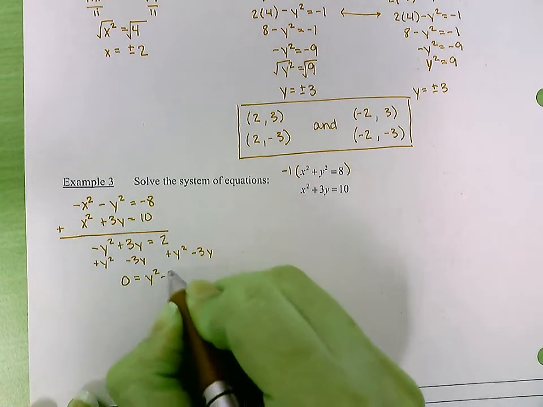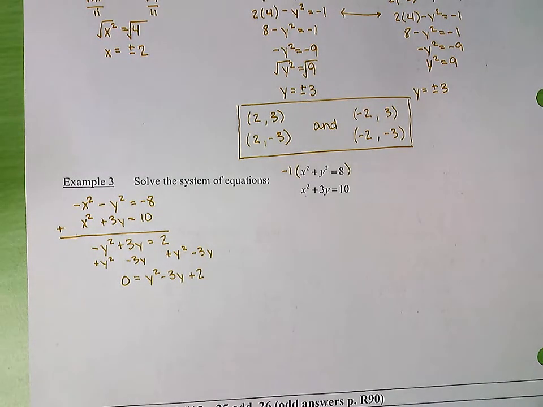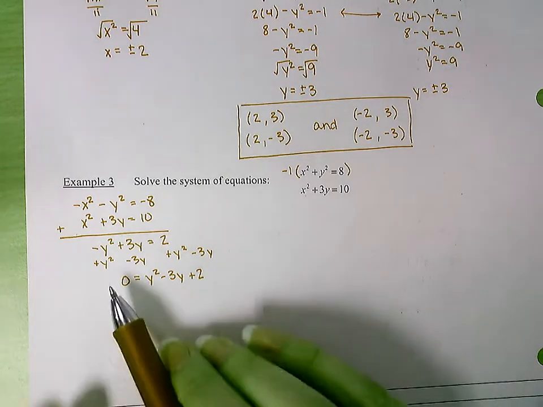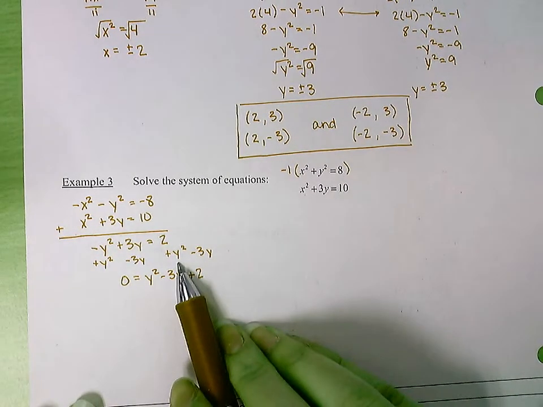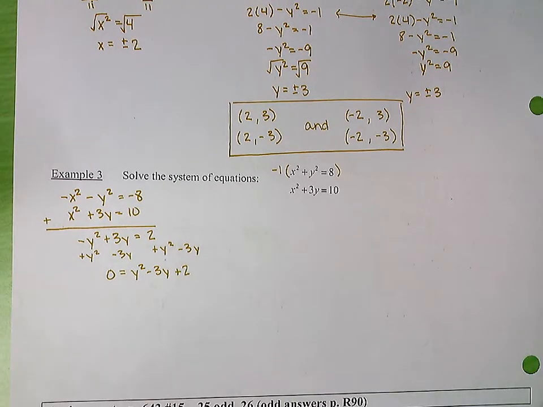Then we have y squared minus 3y plus 2. Are you still with me on this one? Yeah. That way I have a positive y squared. You could also divide it all by -1, so you wouldn't have that negative y squared in order to factor it. It makes it a little bit easier.